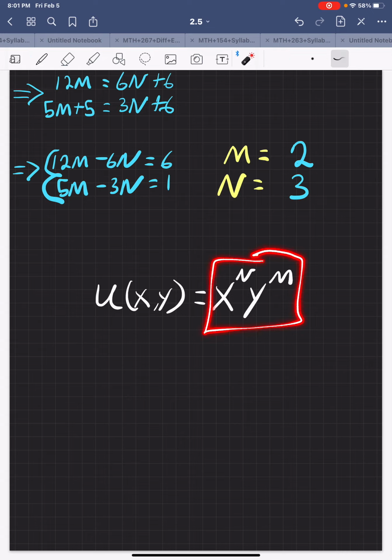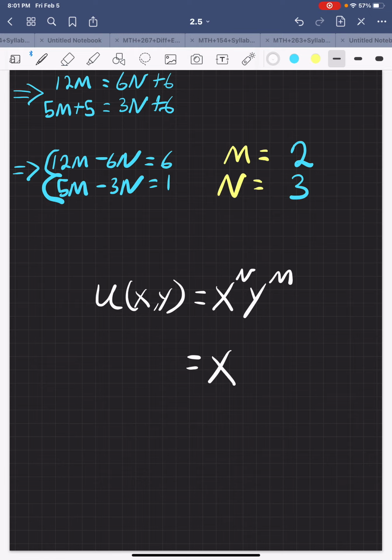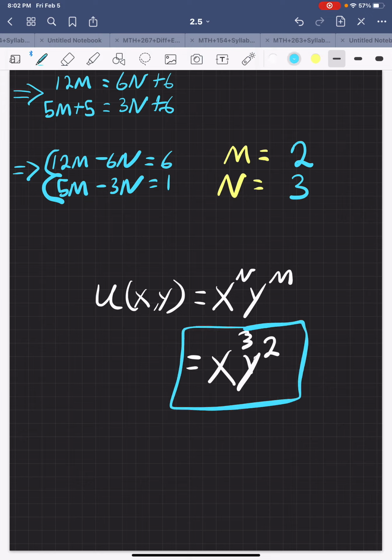You did a lot of work to figure out that you can plug a 2 here, a 3 here, and there it is. You have your special integrating factor: x to the power of 3, y to the power of 2. And there you have it. There's your special integrating factor.